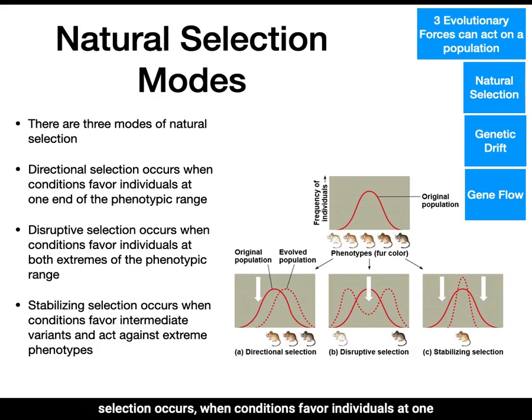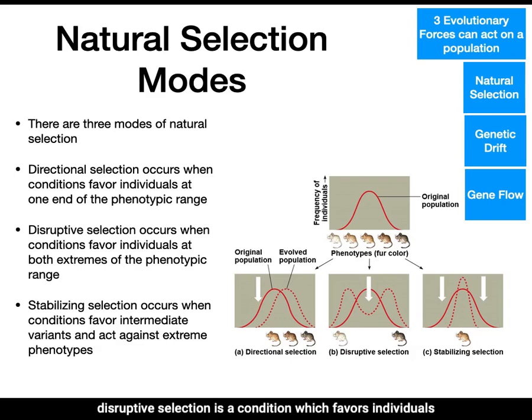Directional selection occurs when conditions favor individuals at one end of the phenotypic range. This is seen in Figure A of the graphs on the screen. Directional selection in this example is favoring the darker furred mouse. It's favoring a mouse on one end of the phenotypic range.